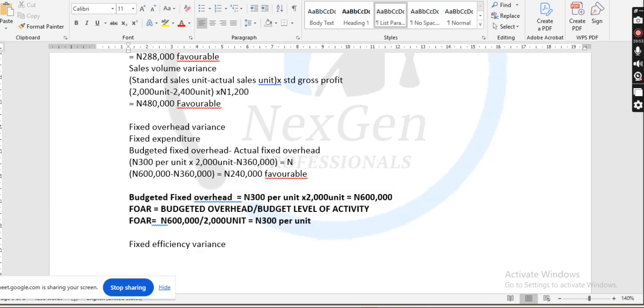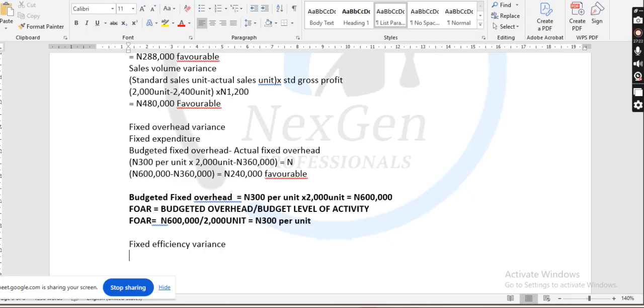Class, it is the efficiency that is divided into what? Capacity and volume. So, the fixed expenditure efficiency variance, right?